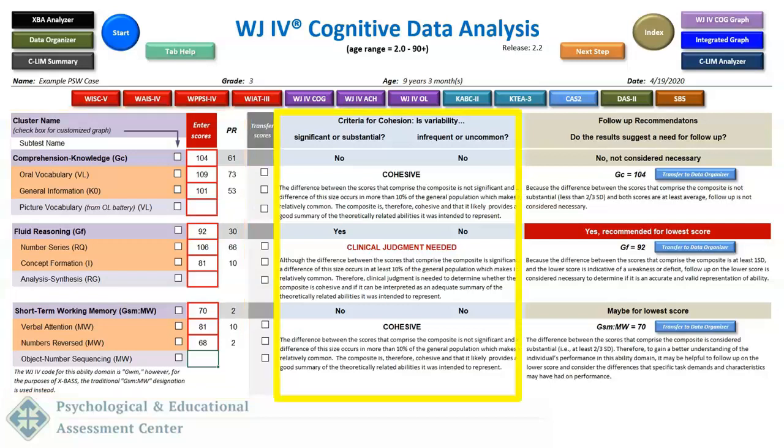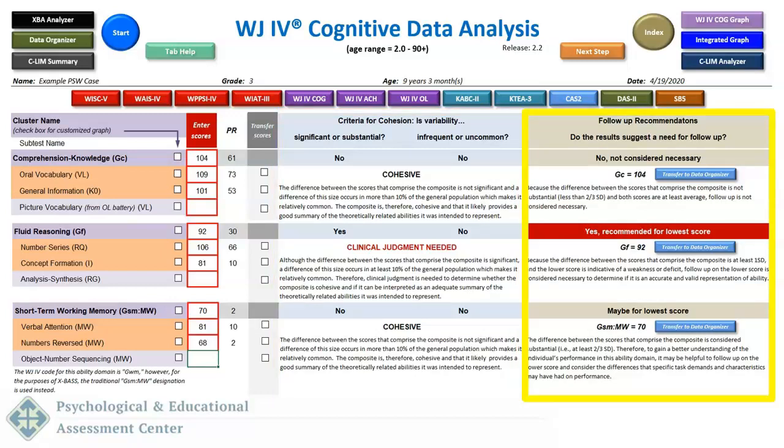In the middle, the XBAS program calculates whether the scores are cohesive. It does this by measuring whether the scores are significantly discrepant, and if so, whether that discrepancy is uncommon in the general population, which, when determining cohesion, is less than 10% of the general population. The program will then provide the examiner with its recommendation, which you can see reads cohesive, clinical judgment needed, and sometimes it reads not cohesive.